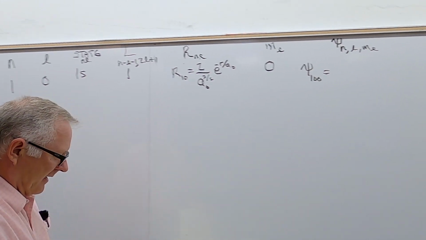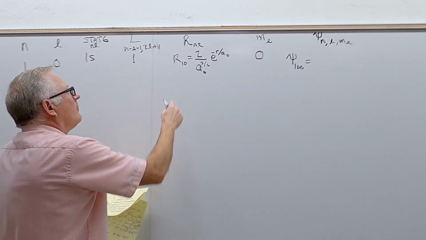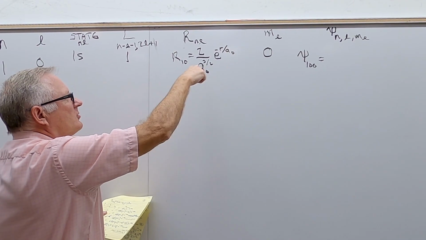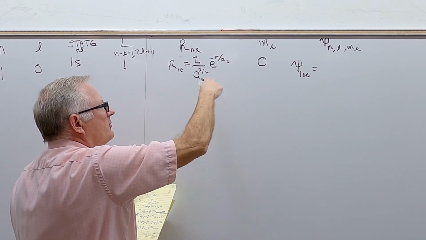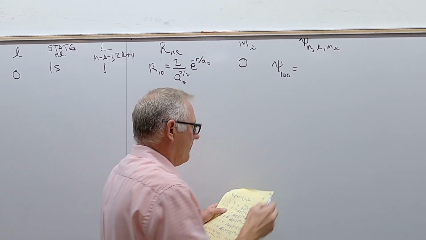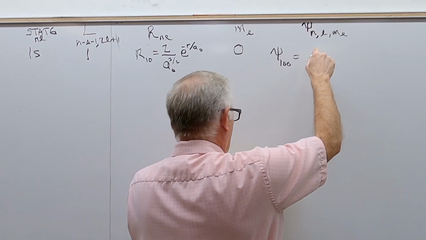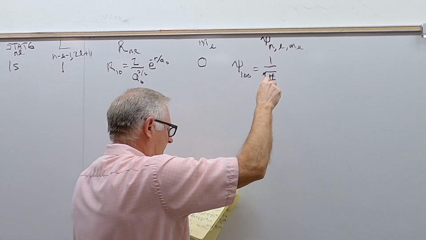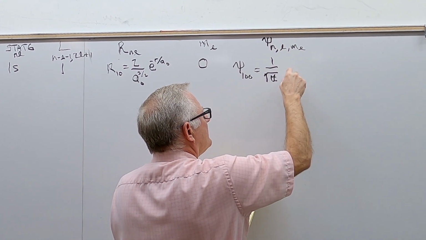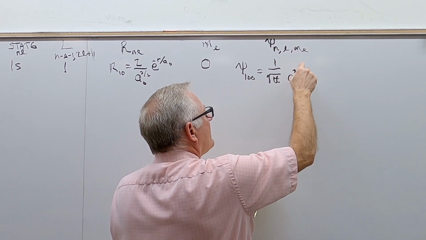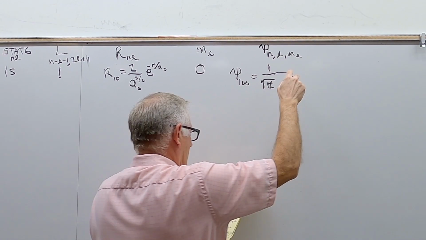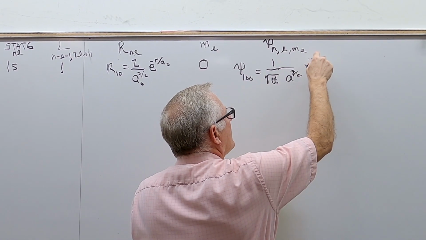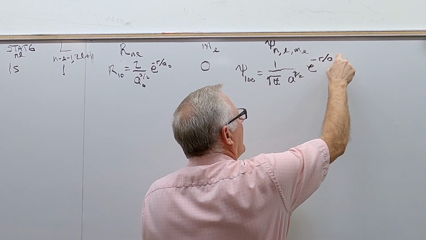Okay, and that's just going to, remember, why this spherical harmonic for this case was just a constant, so it's just going to move it by a constant. This just becomes 1 over the square root of pi times a to the 3 halves times e to the minus r over a naught.